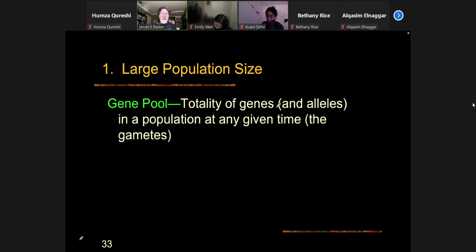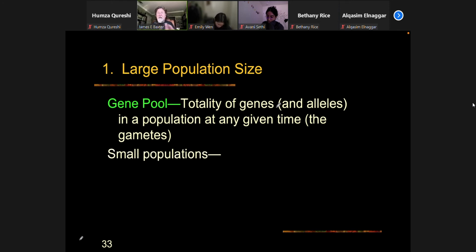Each of these gametes is carrying one allele for the character we're talking about. We're looking at a single gene locus, and therefore that sperm or that egg can potentially be passed on to the next generation.